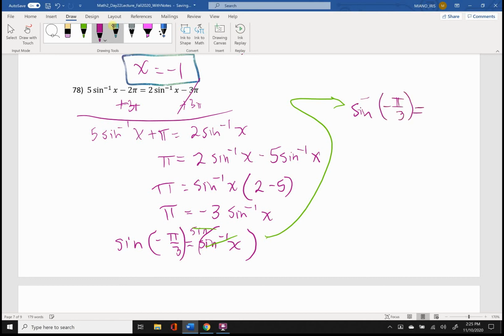It's going to equal x. So sine of negative pi over 3 is equal to the negative sine of pi over 3, which will give us a negative root 3 over 2. All right. Whew. All right. So hopefully that's feeling good and landing real nice.